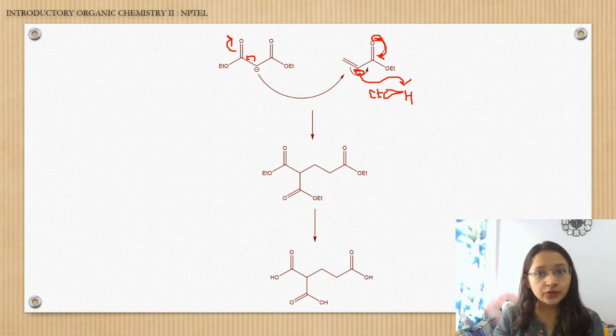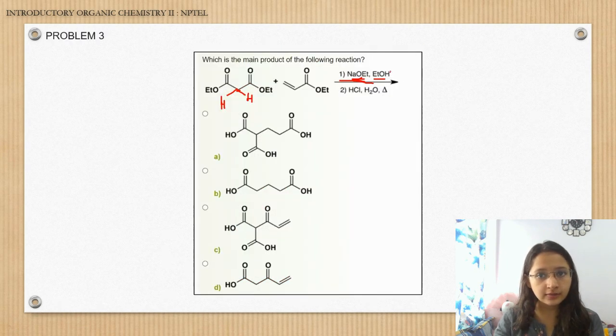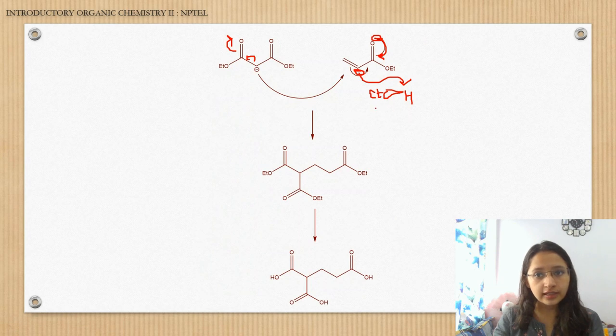So this negative charge will then abstract a proton from the ethanol present in the system, which acts as a proton source here. So this carbanion is getting neutralized by abstracting a proton from here. This is the species which we get after the first step.